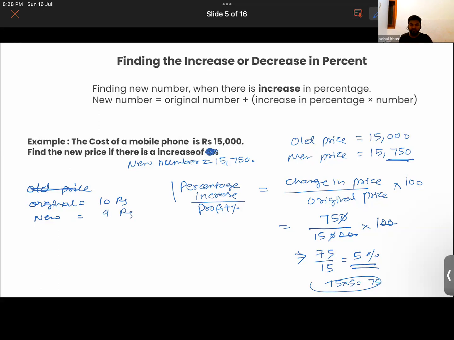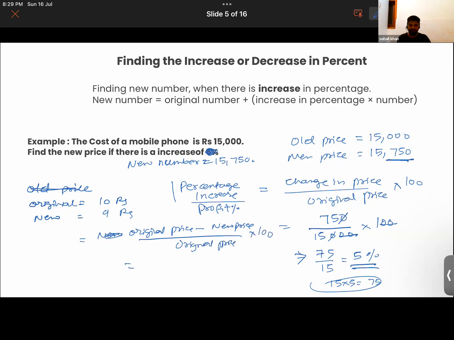So the seller will be having a loss now. Here it will be original price minus new price, upon original price, into 100.